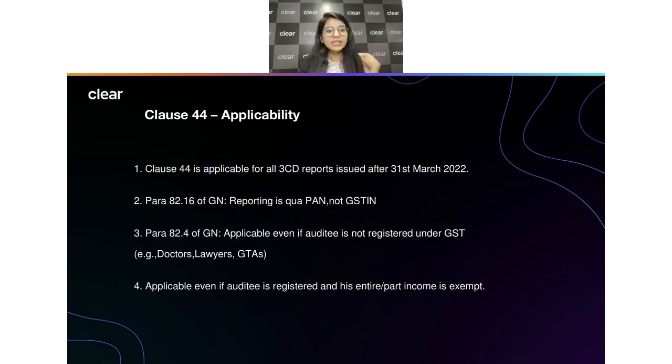But then the next important point is that there is something related to expenditure in table 14 of 9C. But here, when we talk about clause 44, or form 3CD in itself, this is under income tax. 9C is under GST. Now, when we talk about filing GST 9C, we all understand that this form, when we file, is always at a GSTN level.